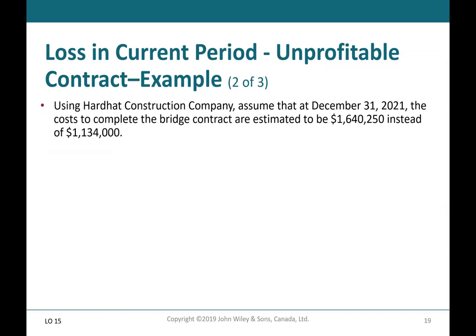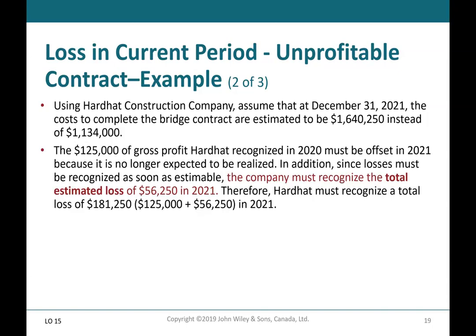Loss in current period, unprofitable contract example 2 of 3. Using Hard Hat Construction Company, assume that at December 31st, 2021, the costs to complete the bridge contract are estimated to be 1,640,250 instead of 1,134,000.